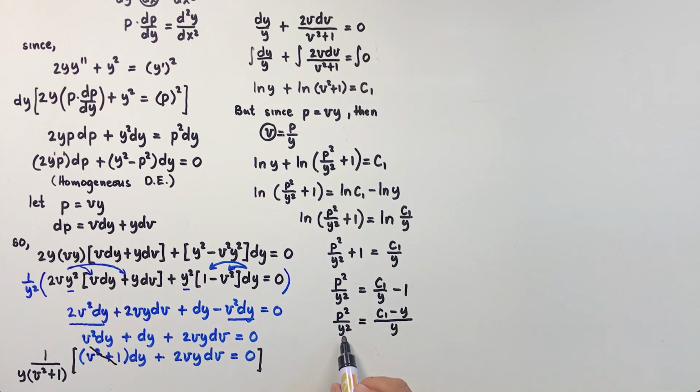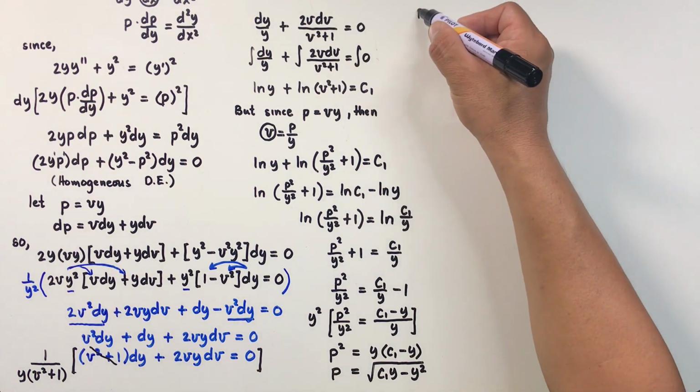Now, eliminating this y squared here, we need to multiply both sides of the equation by y squared. So we have p squared, which is equal to y times c sub 1 minus y. So therefore, p is equal to the square root of the product of these two, which is c sub 1y minus y squared.